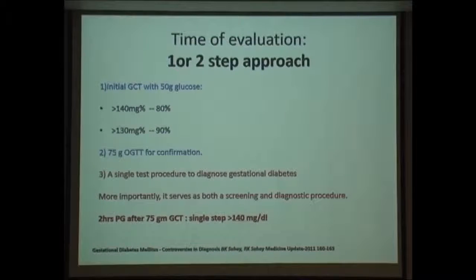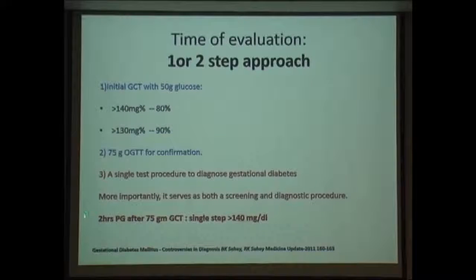So now this is what I've put up. I don't want to confuse the issues a lot, but commonly the current guidelines by WHO and DIPSI say that if you want to screen with a single test, you do a 2 hours post 75 gram glucose and see what the blood glucose is.